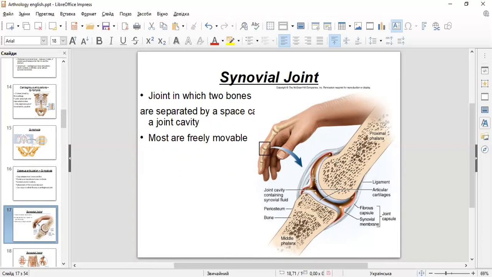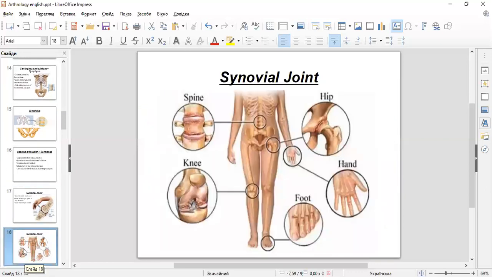Joint cavity. We have a lot of joints inside human body. Hip joint, elbow joint, wrist joint, knee joint, shoulder joint, and other.